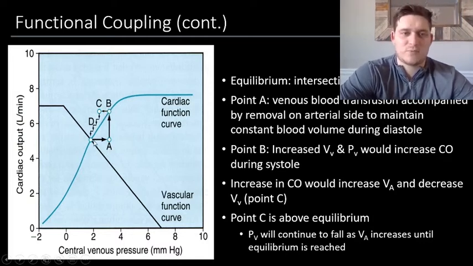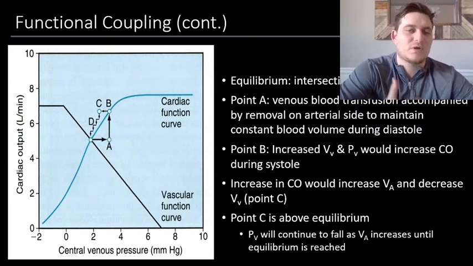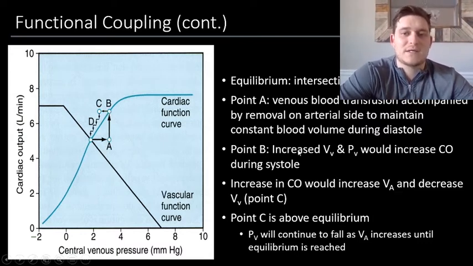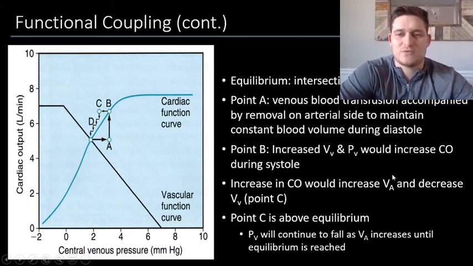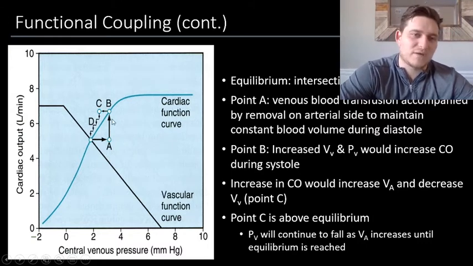So now, if we increased venous blood, right, during diastole, that's going to produce more cardiac output during systole. And if we produce more cardiac output, more blood is being pumped into the arteries. So we're increasing arterial volume now once the heart beats, and then that would decrease the venous blood volume, right?